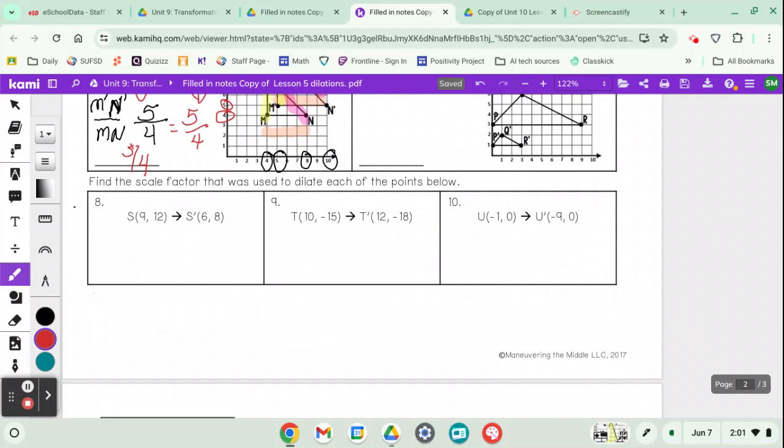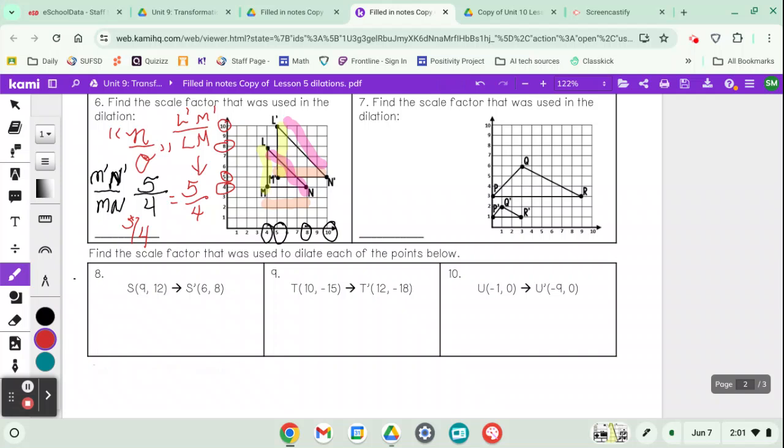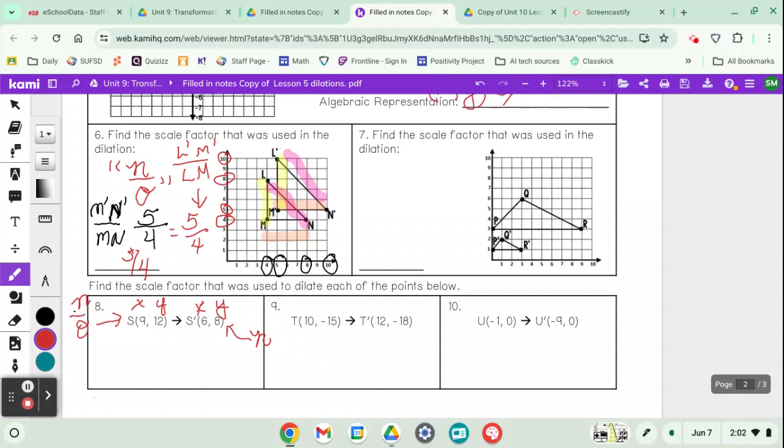To find the scale factor from a set of ordered pairs, they're just not plotted on a graph, but this is your X number, that's your Y number for one coordinate. That is just your pre-image. That is your old, if you want to call it the new over old. Here's your new point with an X and a Y. From the ordered pairs above, in question 6, we looked at how long the segment from M to N was, and we used those X values to find their length.